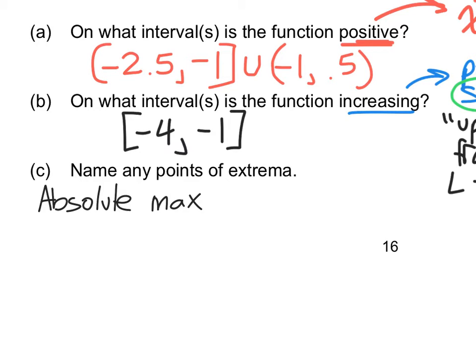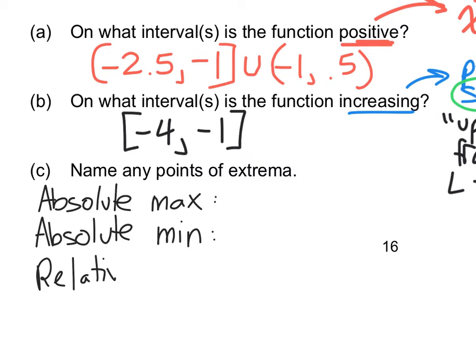We have absolute max, absolute min, maximum, minimum. We have relative max and relative min. These are our possibilities.